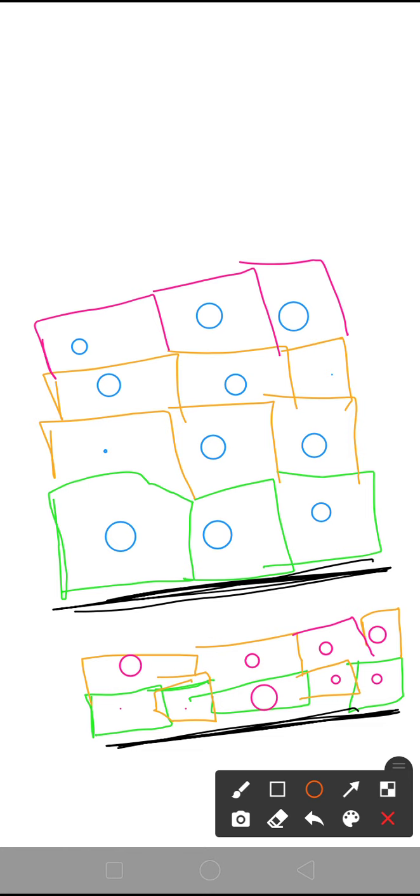Transition means that there is a change. So it transits from multiple layers to one to two layers, because of which it is known as transitional epithelial tissue, and it is found in the lining of the urinary bladder and urethra, where stretching is required for the storage of urine in the urinary bladder.